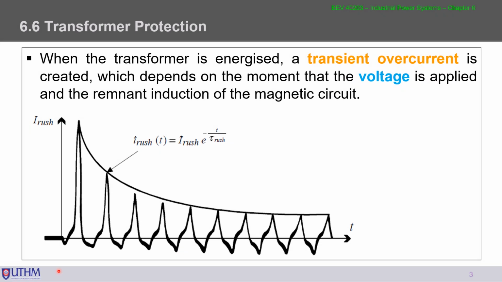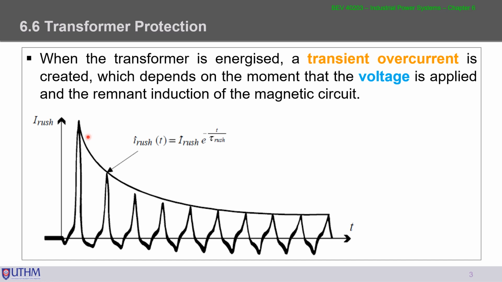As we can see here, when a transformer is energized, a transient overcurrent is created, which depends on the moment that the voltage is applied and the permanent induction of the magnetic circuit. This is the curve for the energization of the transformer, the inrush current versus time.